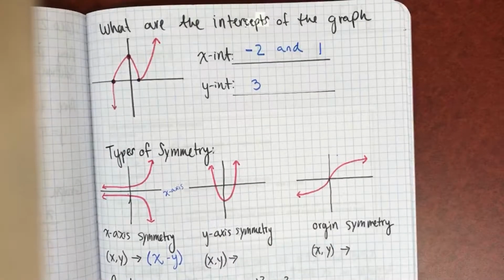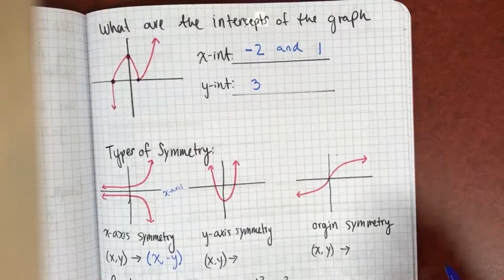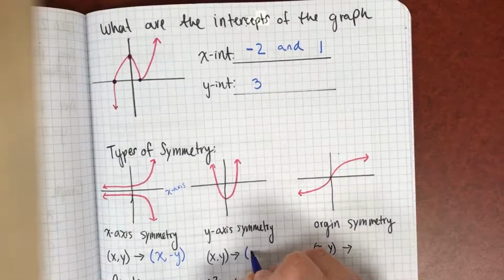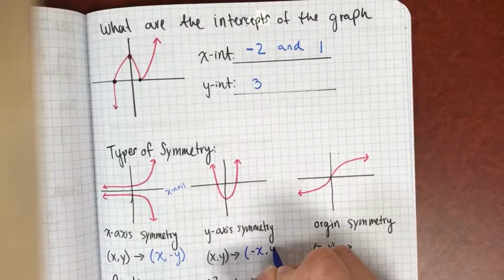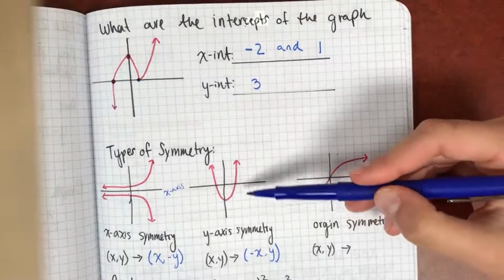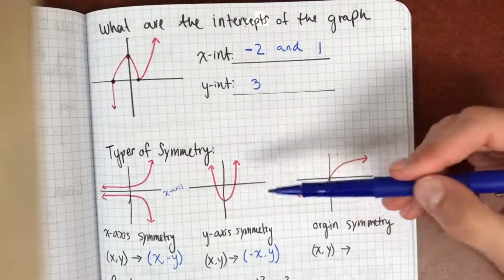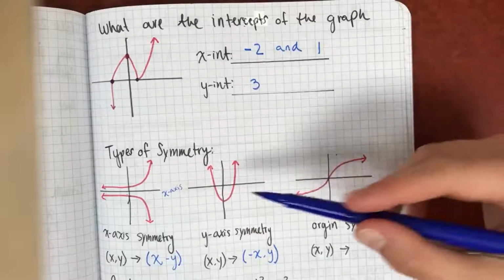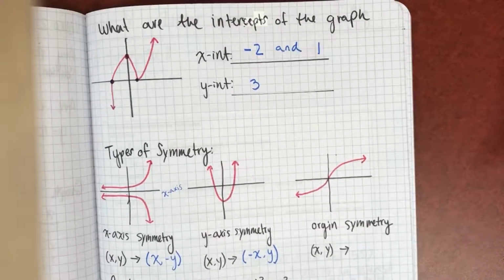So even without a graph, you could find these symmetries. Y-axis symmetry is just the opposite. Your point (x, y) is going to change to (-x, y). We deal with y-axis symmetry a lot, mostly because we deal with a lot of quadratics, so that's what we'll be looking at a lot.